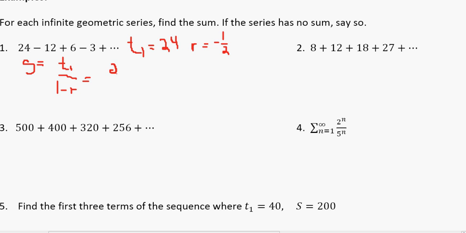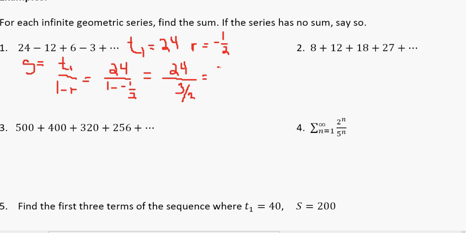So t sub 1 is 24 over 1 minus negative 1/2. Okay? So that becomes 24. 1 minus negative 1/2 is the same as 1 plus 1/2. 24 over 3/2.